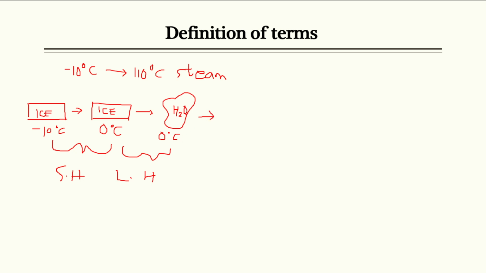Then, after yan, pwede na yan mag-start na kumulo. Tubig pa rin yan, pero na-reach na niya yung boiling point na 100 degrees Celsius. Same phase, pero nagbago yung temperature, ang tawag dyan ay sensible heat. Okay?